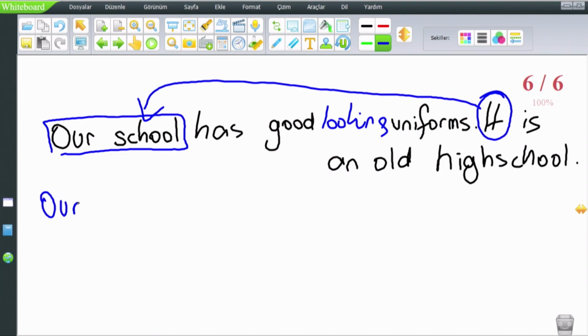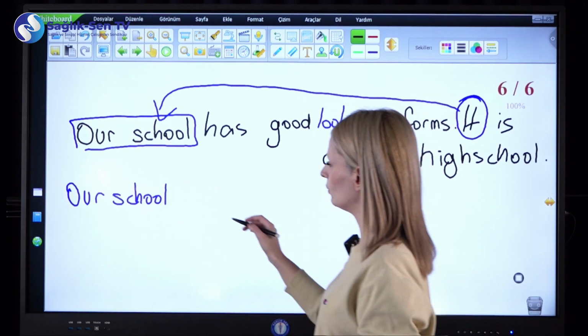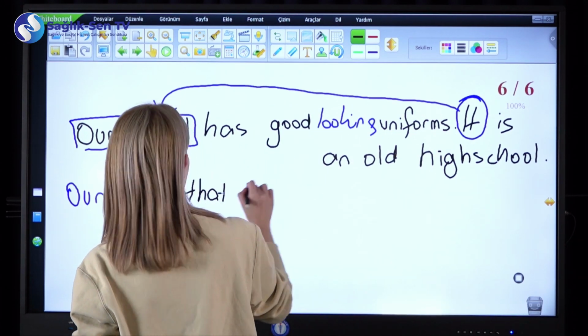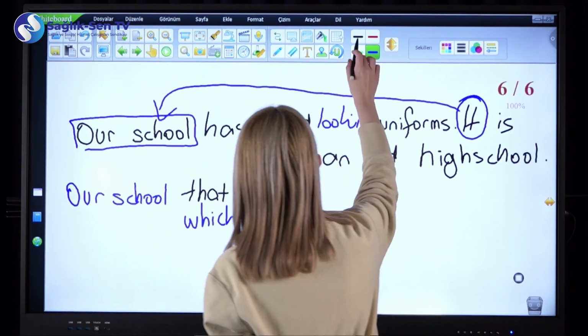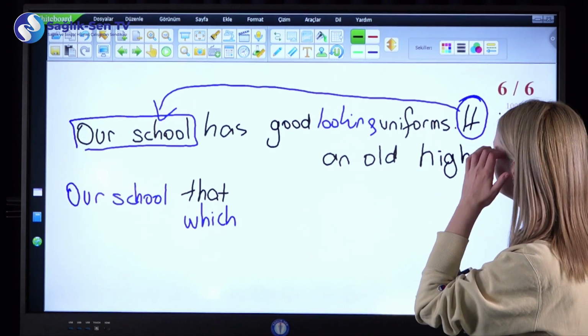I start writing my normal first sentence. And then, since this is the common thing, I am either going to use that or which. Both are correct here. Our school, that.